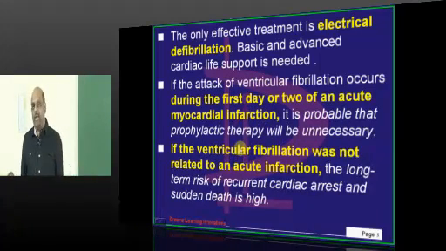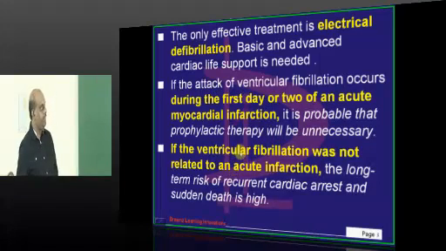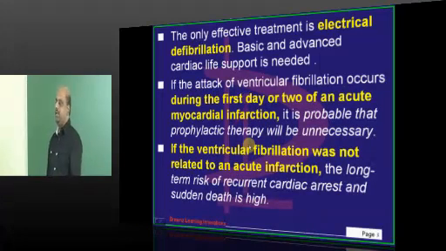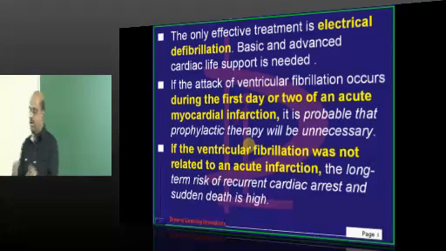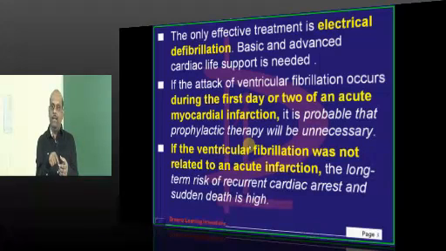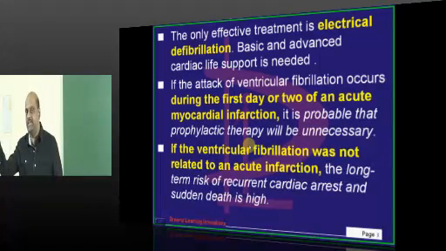Suppose a patient had an MI, and in the first 1 or 2 days of the acute MI there is an attack of VF. You have done defibrillation and the patient recovered, but since this episode happened, does he need lifelong prophylaxis against arrhythmia?